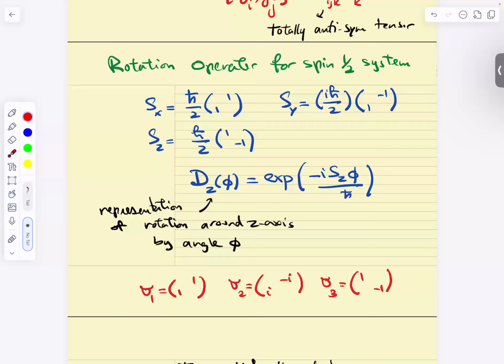So R_z(phi) is now represented in the two-dimensional Hilbert space as the exponential of minus i phi over 2 times s_z. It's convenient to define these Pauli matrices, in case we had it. I think we had, sigma 1, sigma 2, sigma 3.